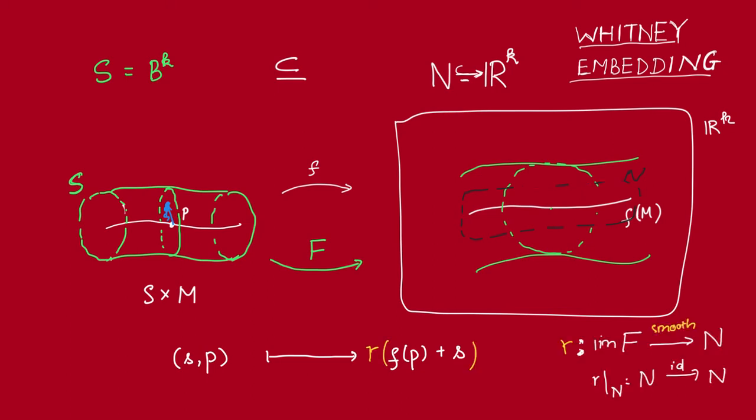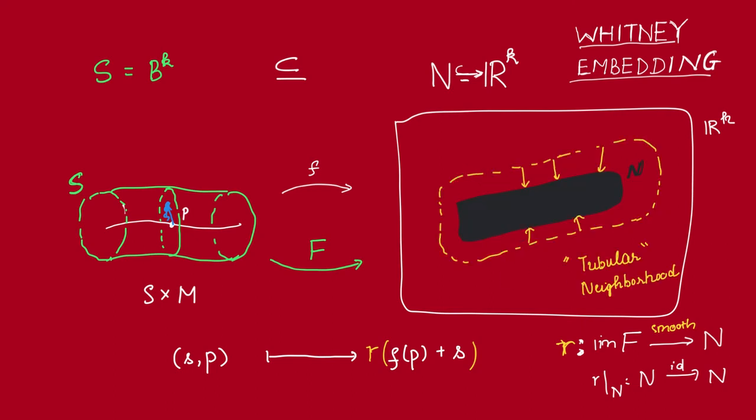That is, maybe we can find a smooth map on this image of f that sends every point in this image to some point in N, in such a way that it is the identity on N, and thus retracts this whole image of f into N. But this picture is misleading because N might not lie inside this image of f.